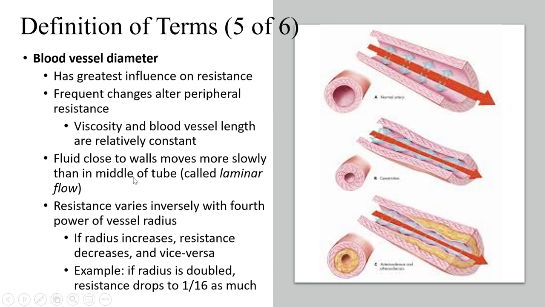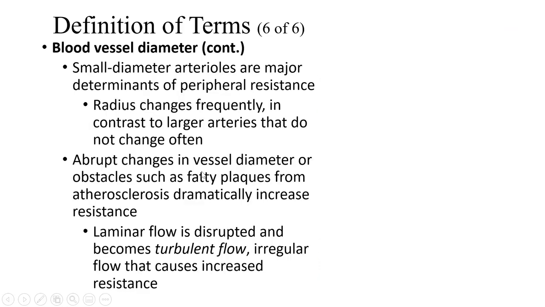could be acted upon by hormones. Okay, so resistance is inversely proportional to the fourth power of the vessel radius. If the radius increases, the resistance would decrease, and vice versa. If the radius is doubled, resistance will drop to about 1/16 as much.